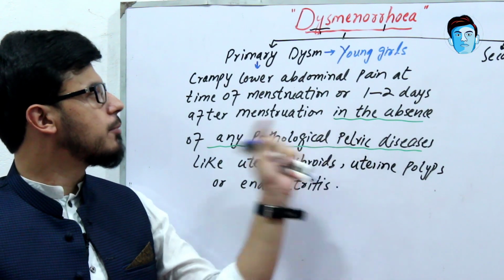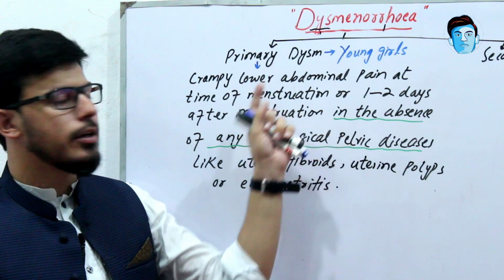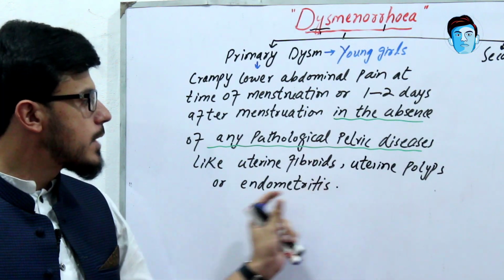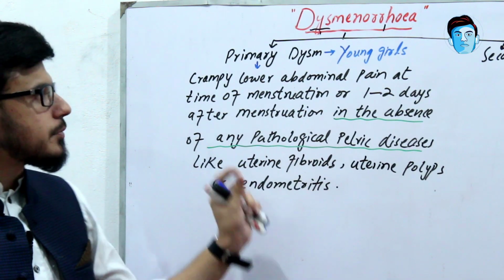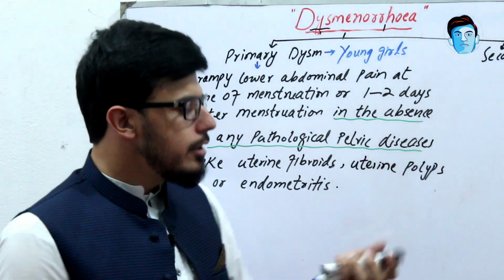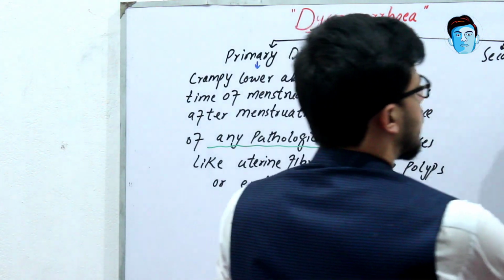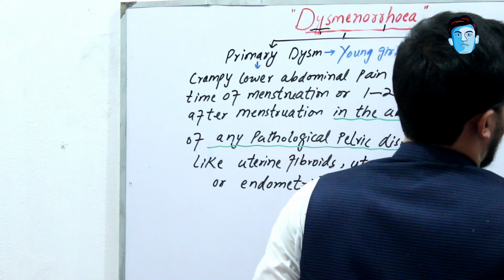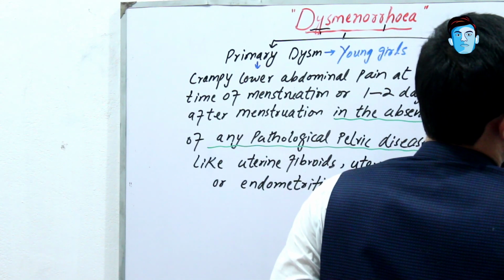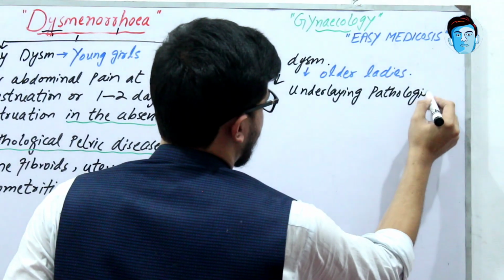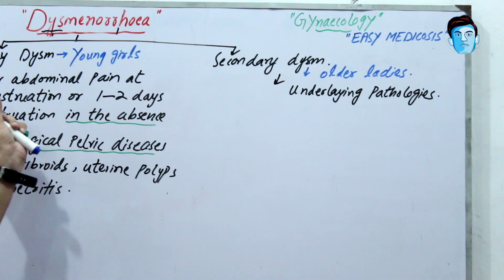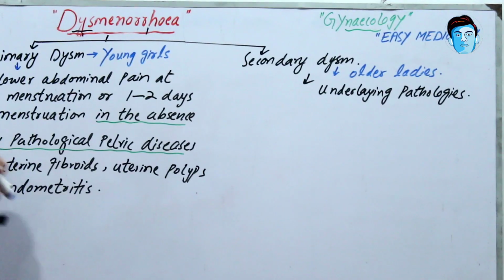It is not associated with underlying pathologies like uterine fibroids, uterine polyps, and endometritis. While on the other hand, secondary dysmenorrhea is associated with underlying pathologies, and it is more common in older ladies. So students, that's all about the definitions of primary and secondary dysmenorrhea.